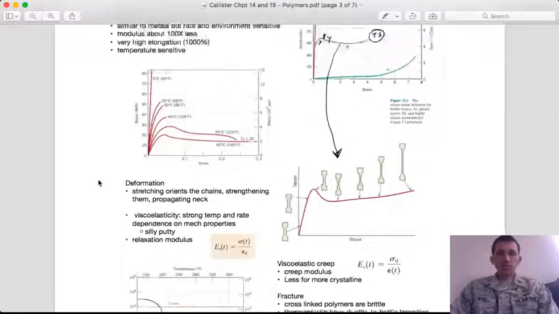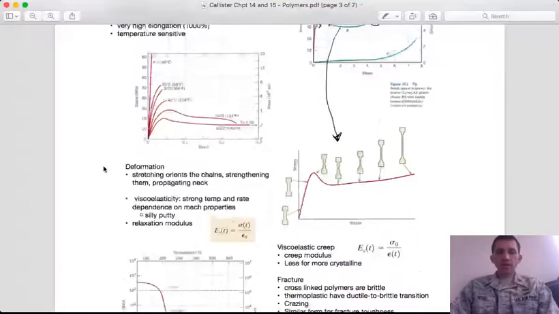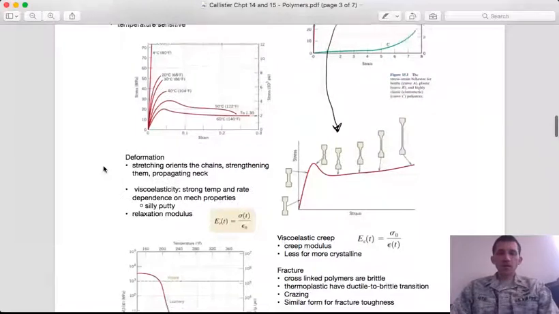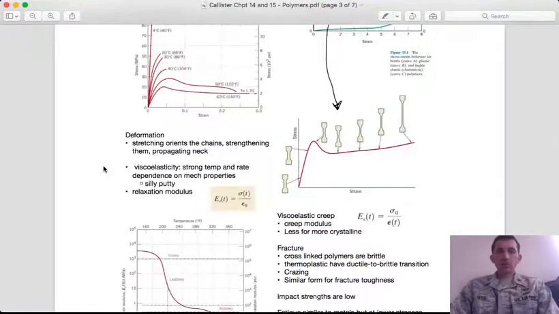As we can see, polymers have different mechanical properties, and since this class is focused on this processing structure properties performance relationship, right, we know that these mechanical properties ultimately go back to the structure and how the structure changes under stress, which itself goes back to the processing parameters.